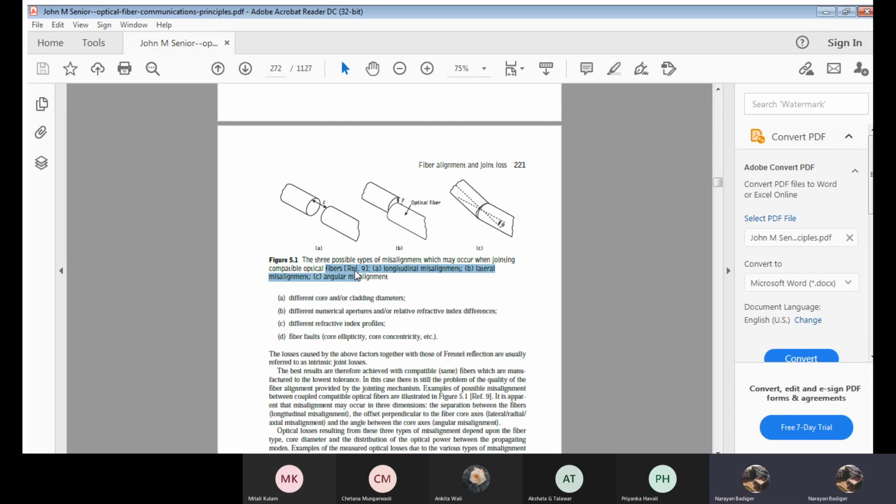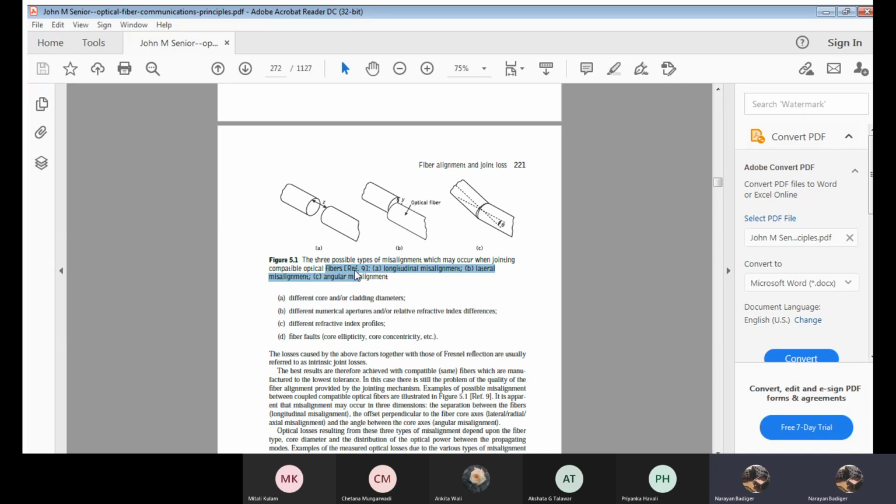Due to all these we get attenuation losses, and such losses we usually call intrinsic joint losses. These are due to Fresnel reflection, which is due to those misalignments.